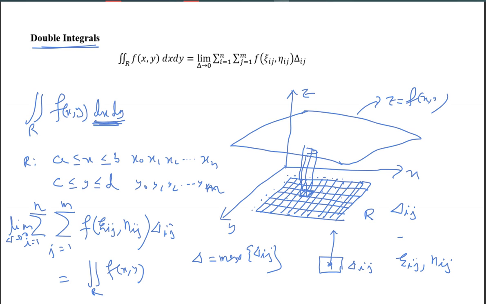As we are taking delta ij on the xy plane, the area is represented as dx dy. If we take this region on the yz plane, then this will be dy dz. So this represents the double integral.